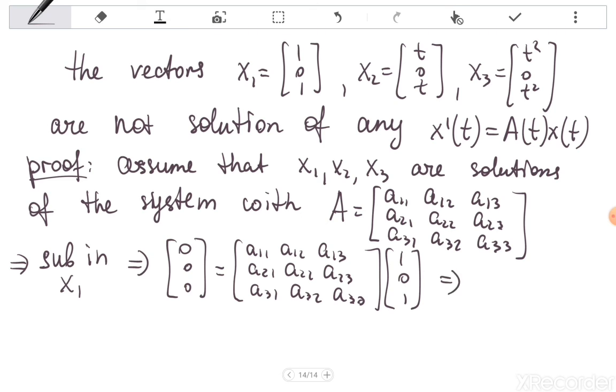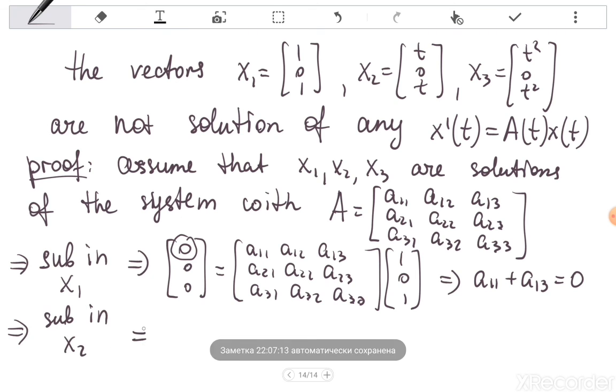From this we can conclude that, for example, A11 plus A13 is 0. This is enough for me. When we multiply the first row times this vector, we must get 0. So this is 0.